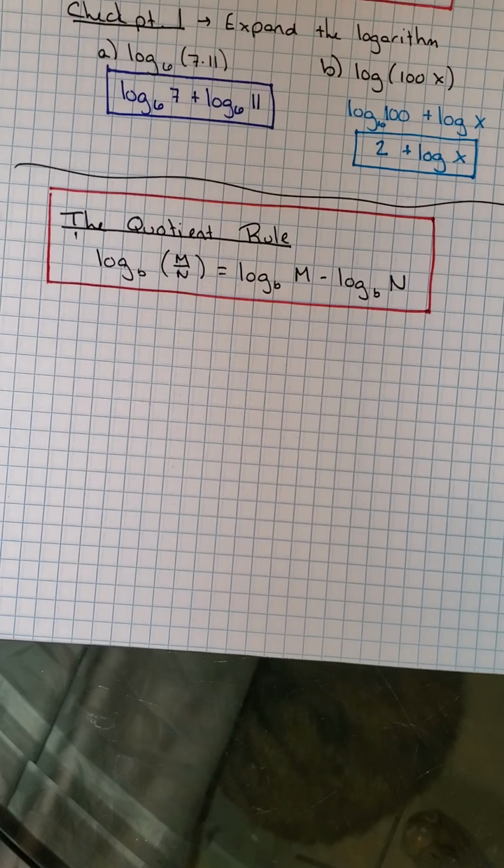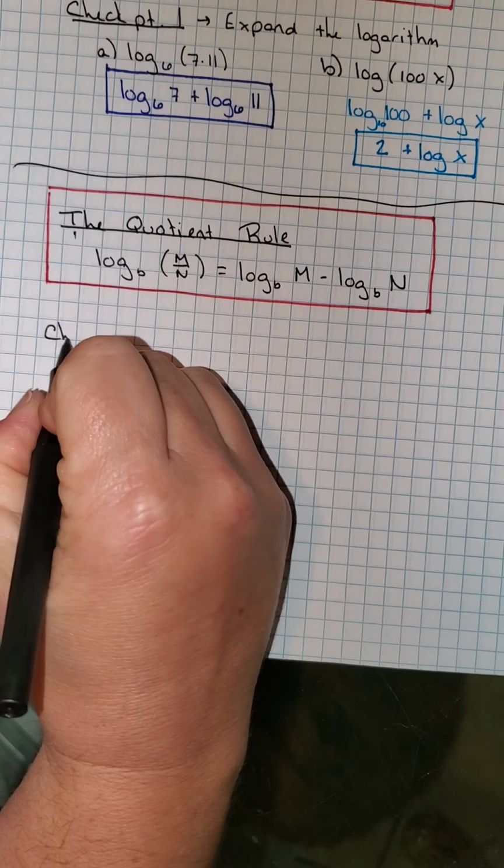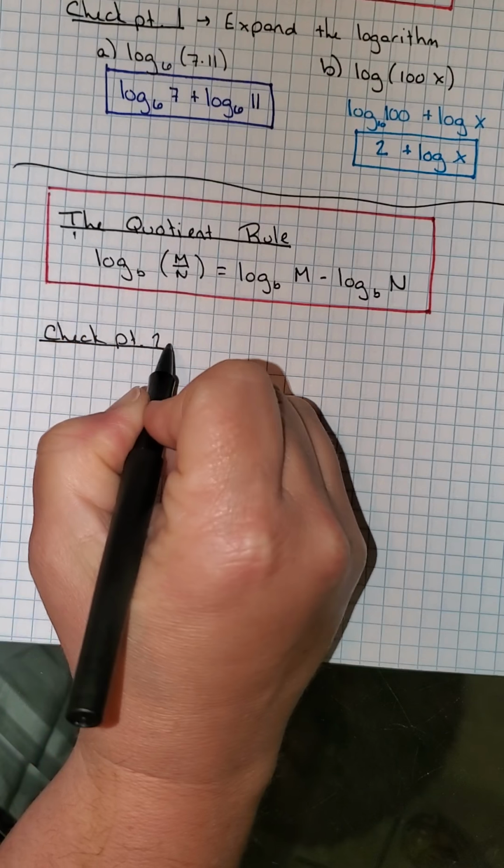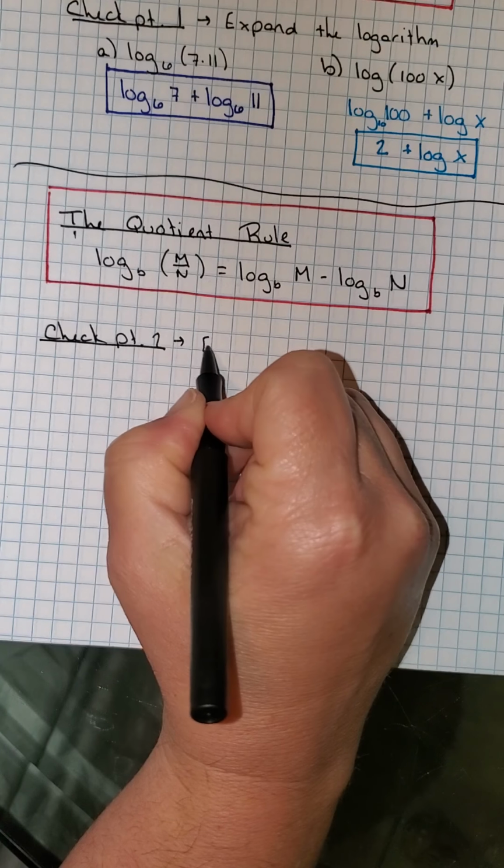So checkpoint 2 is to practice using the quotient rule. We're going to expand again.